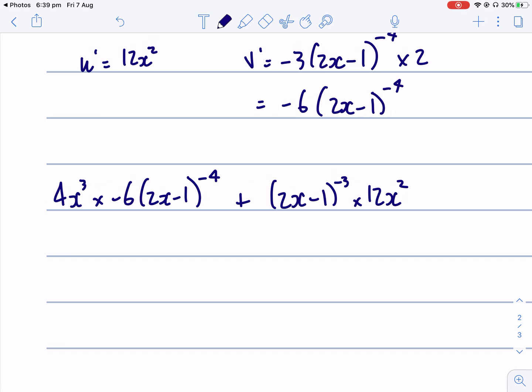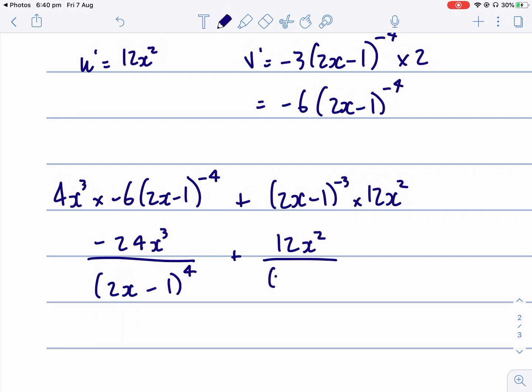So what's going to appear in both of these? Actually, no, I'm going to write them properly. Negative 24x cubed on 2x, take 1 to the 4, plus 12x squared on 2x, take 1 cubed.